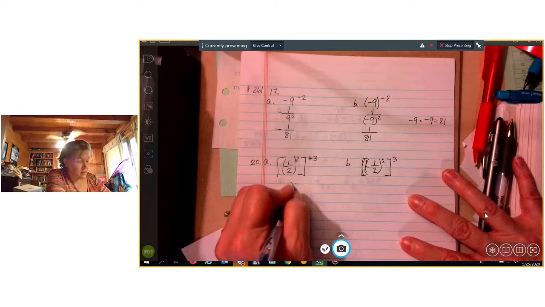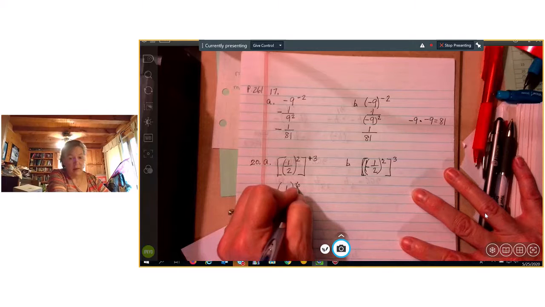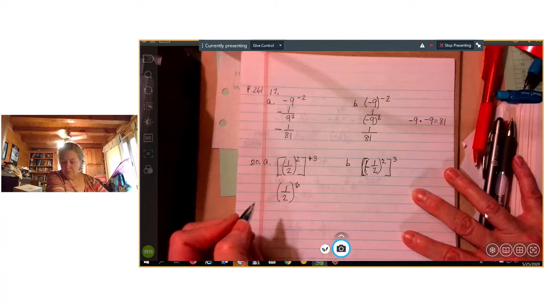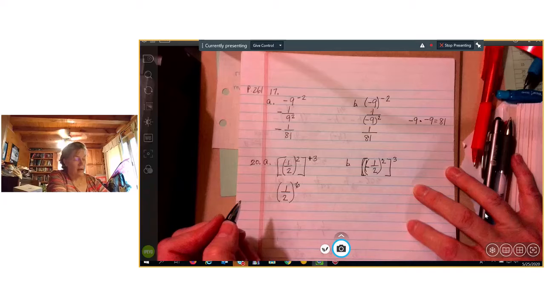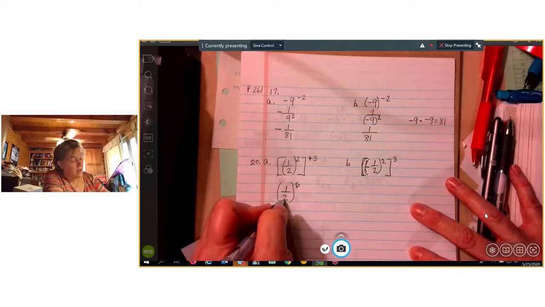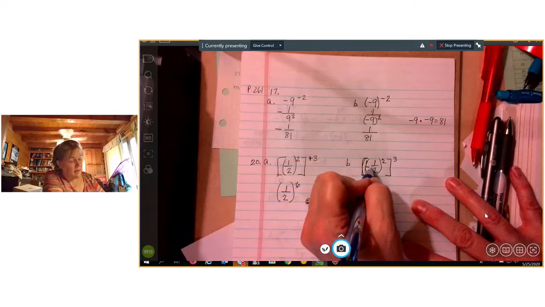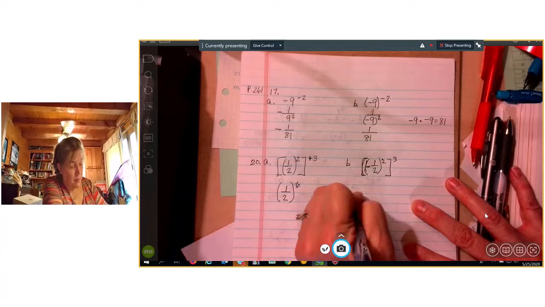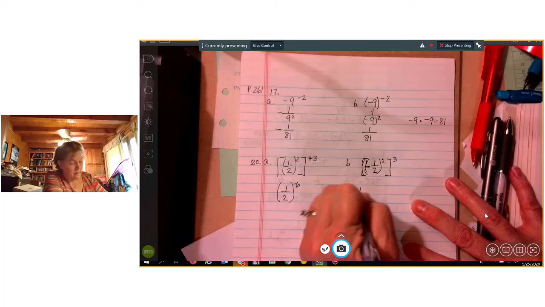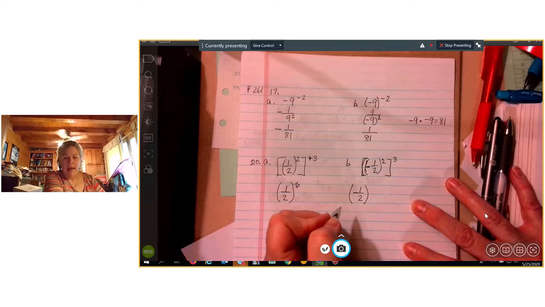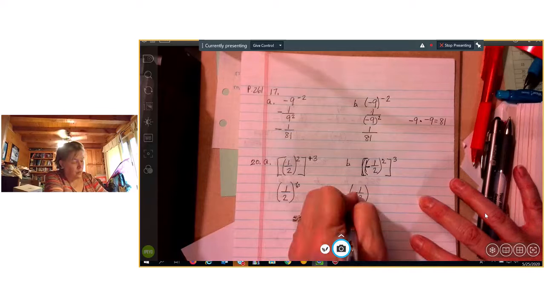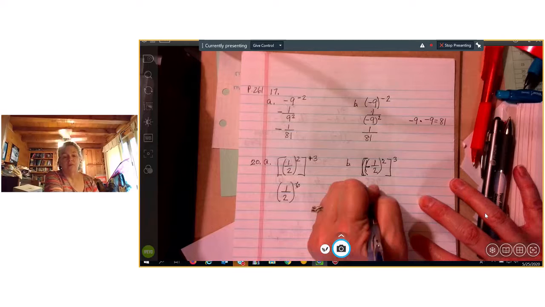And I'm putting this in parentheses, 1/2 to the 6th power. This is saying that I have a negative 1/2 in parentheses, and I'm taking my negative 1/2 also to the 6th power.